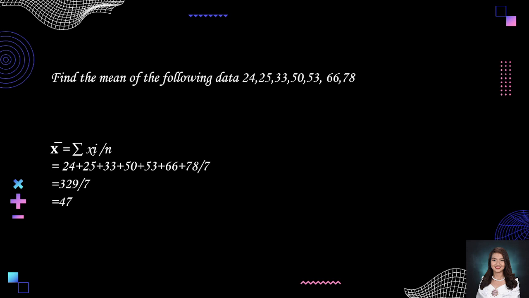Here we have 24 plus 25 plus 33 plus 50 plus 53 plus 66 plus 78 divided by 7, and that is equal to 329 divided by 7. So 329 divided by 7, we get 47.